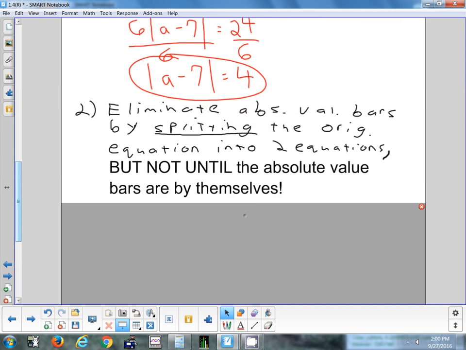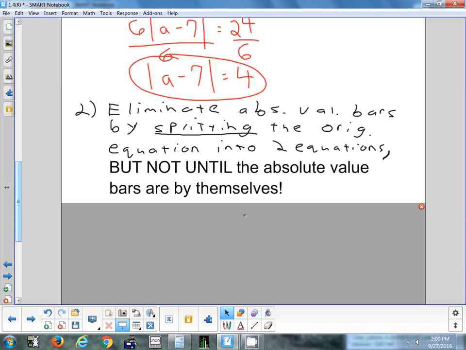We're going to eliminate. So right where it says eliminate, under the example you just did, we're going to write eliminate, which you can abbreviate like Mr. Hager did in the notes. Eliminate absolute value bars by splitting the original equation into 2 equations. But not until the absolute value bars are by themselves.